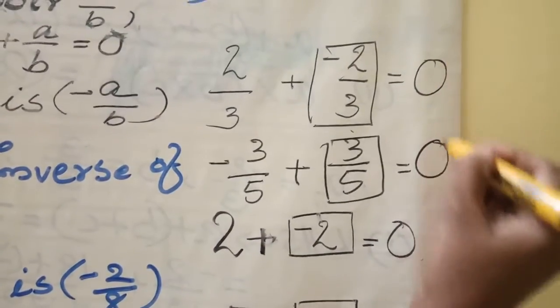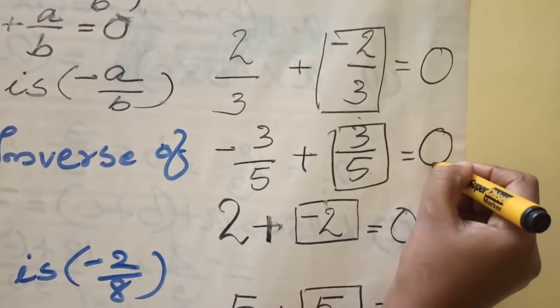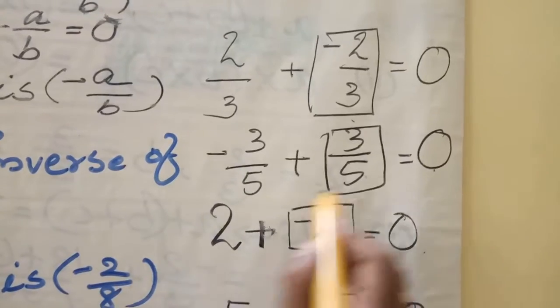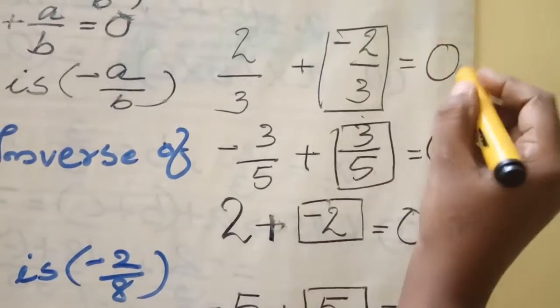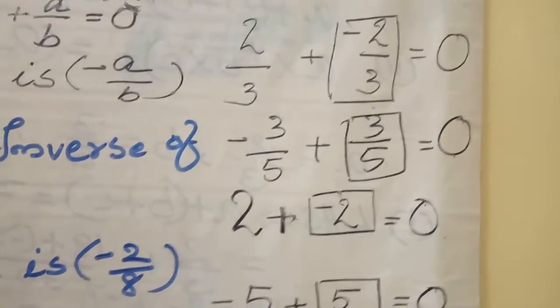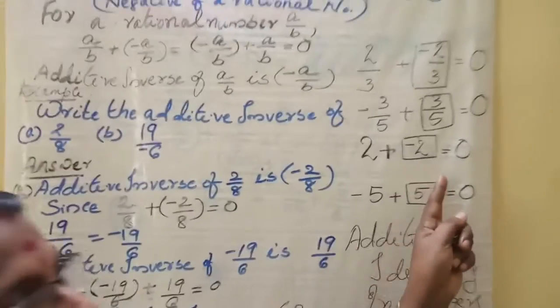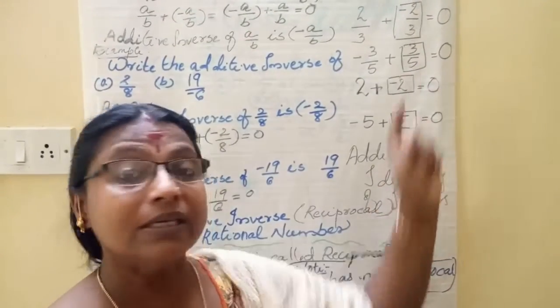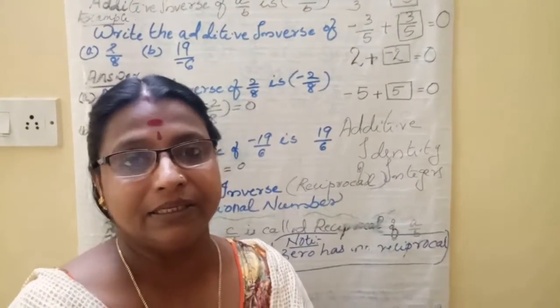So this 0 is called additive identity for any rational number, or the set of all rational numbers. 0 is the additive identity. So you can see that in the case of integers and in the case of rational numbers, 0 is the additive identity.